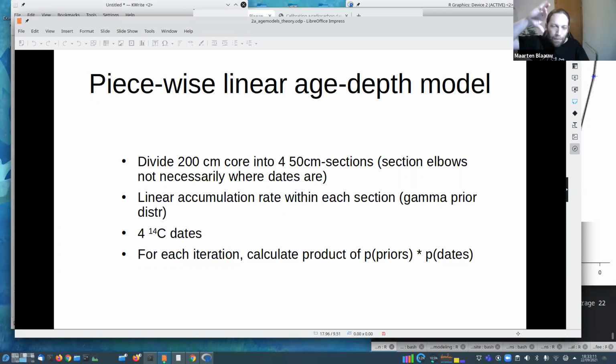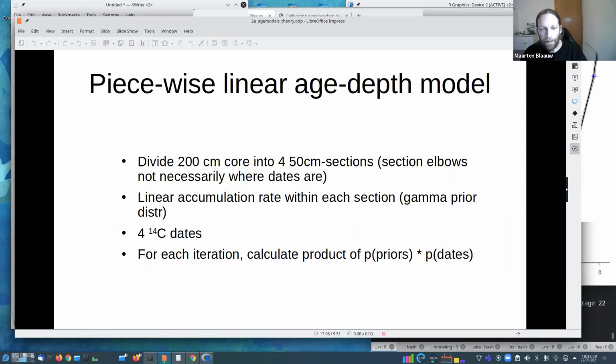Okay, but imagine if we do that. We have a 2 meter core, and we divide it into 50 centimeter sections, which gives 4 sections. And so we have a model which is simply a piecewise linear model with 4 sections.